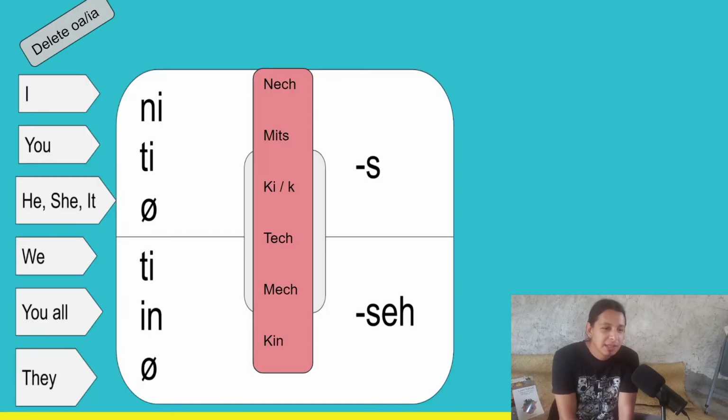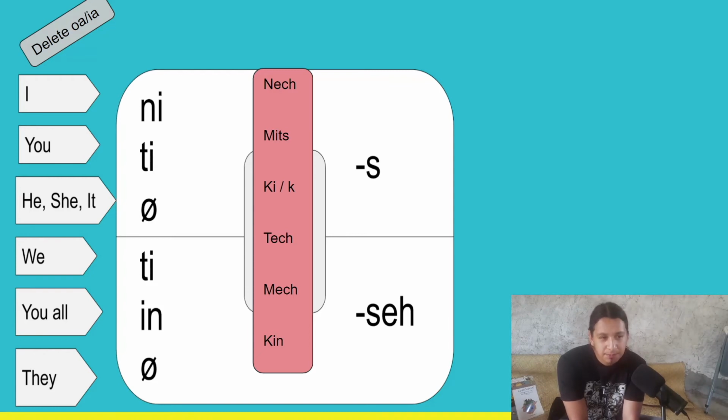Okay, so let's look at what's going on here in the pattern. The new stuff is that the future tense is marked by S at the end. And that goes for singular, for example if it's ni, ti, or zero: me, you, or him or her. And all the plural ones, like we, y'all, or they doing the action, that ending will be se, S-E-H.